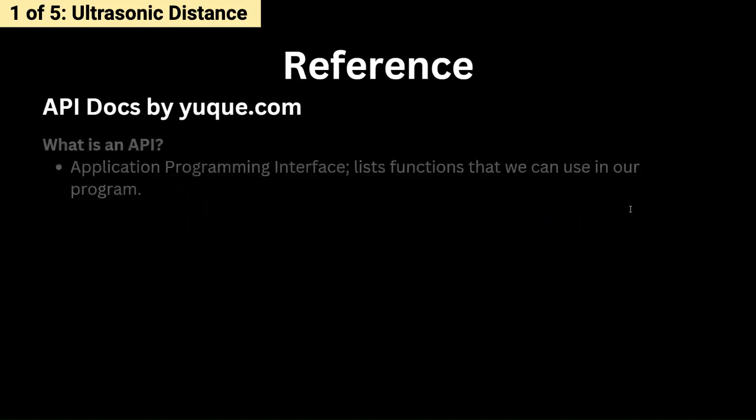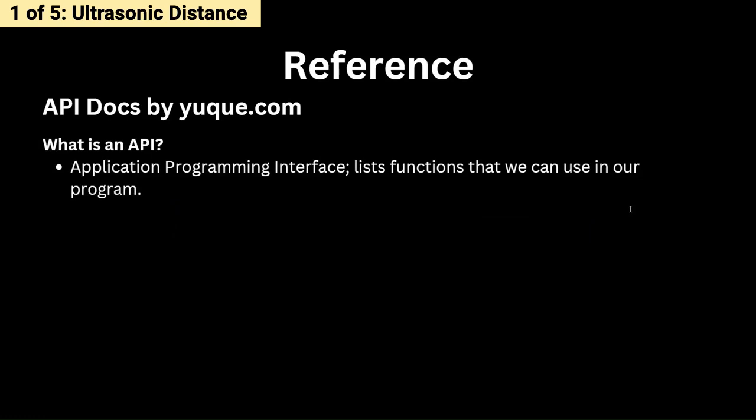So what does API docs mean? It stands for Application Programming Interface Document. This is the document that lists all the functions that we can use in our program. This is similar to the block categories that we used in block programming, but instead of blocks, it lists all the Python functions that we can use.